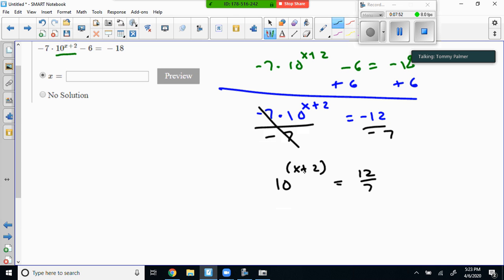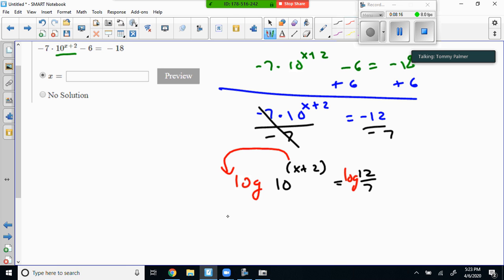Now what we're going to do is take the log of both sides. We're going to take the log here and the log there. The properties of logs allow us to take this to the front.